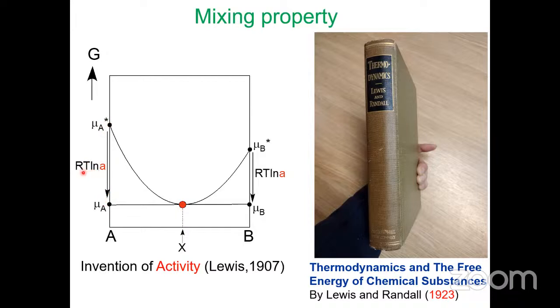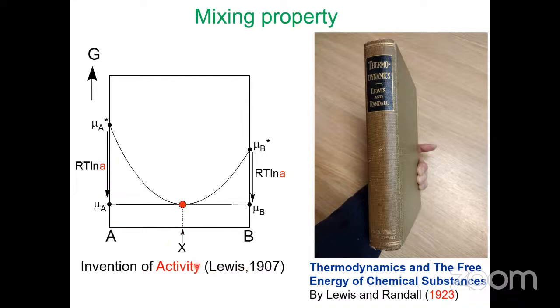R is the gas constant, T is temperature, and ln a is the natural logarithm of activity. So chemical thermodynamics, I mean trying to constrain the mixing property, is all about how we model the pressure effect of activity.